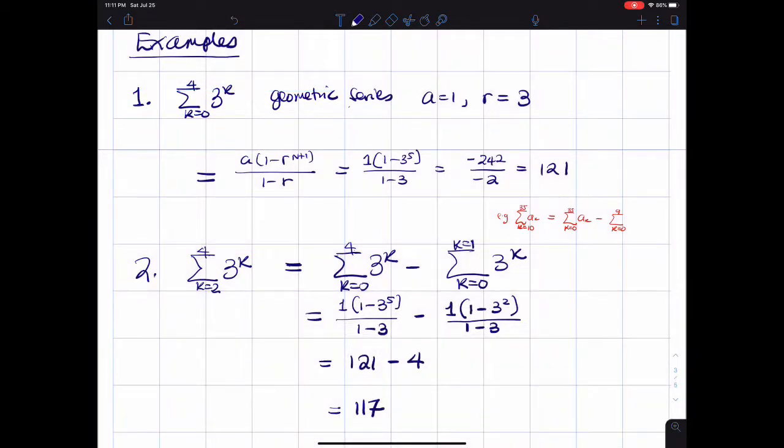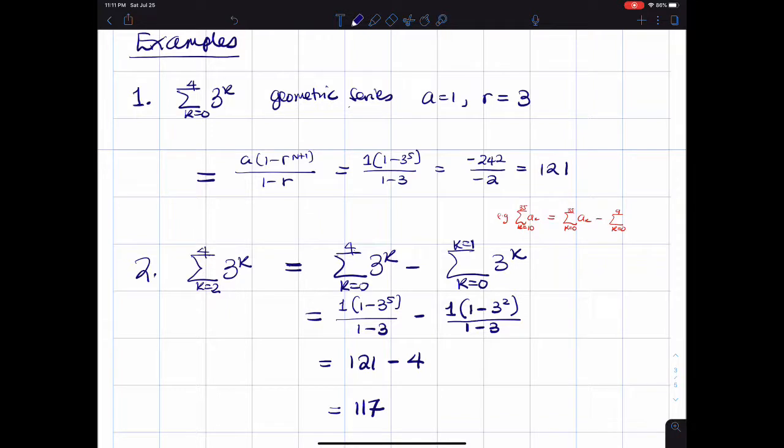If it ends at a tangible number, it's a partial sum. If it ends at infinity, it's an infinite series. An infinite series can either diverge or converge, but a partial sum always converges.